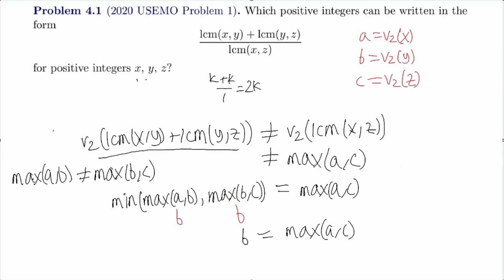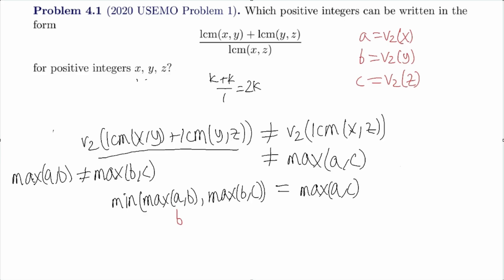And suppose that we have a equals b. So we have a equals b, and then we have b is greater than or equal to c. Then this means that this here is b, and this is b, and they are equal. And that contradicts our assumption. So therefore, both of these maxima can't be b.